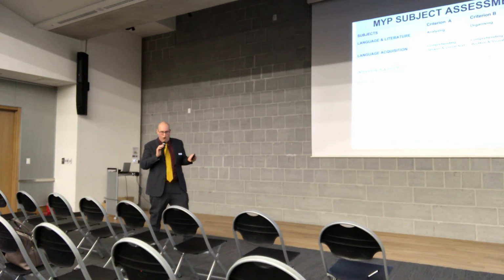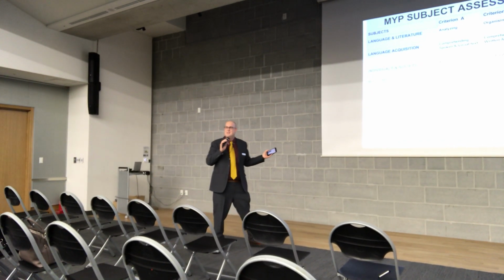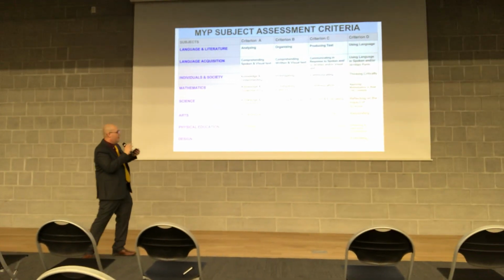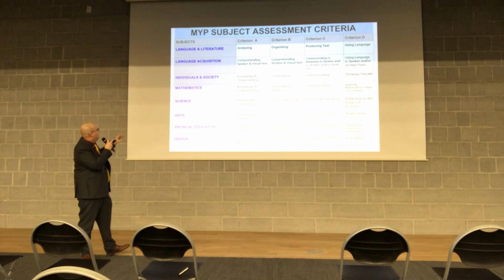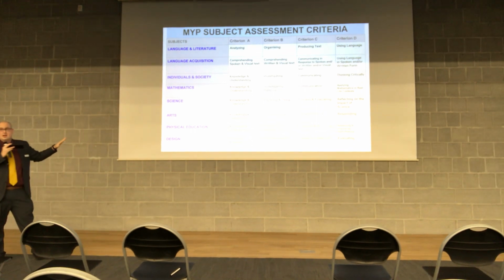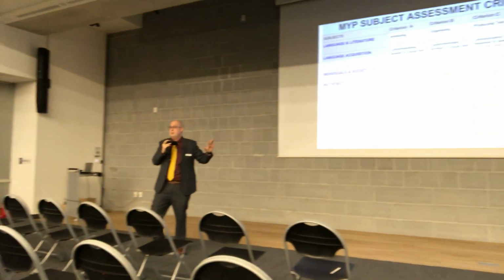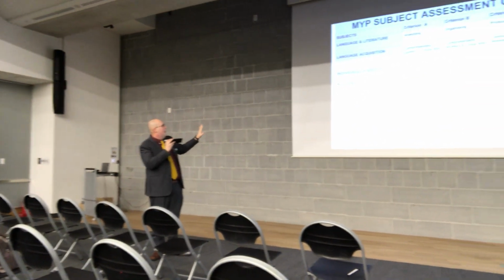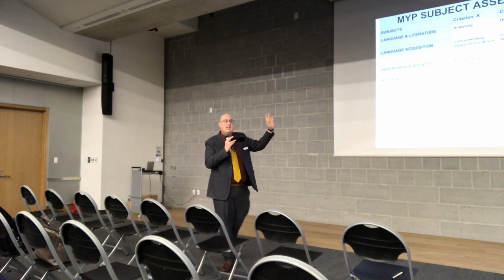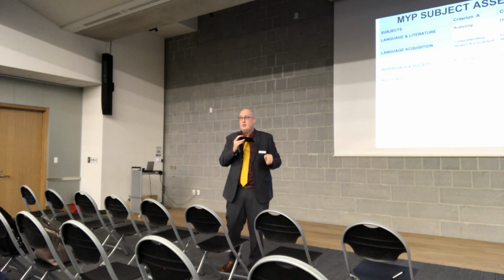All right, this is a lot of text, and I apologize for that. I'm going to help break this down a little bit for you. Down the side are the 8 subject areas that your children will be participating in next year. And then across the top, the MYP divides each area into 4 different criteria.